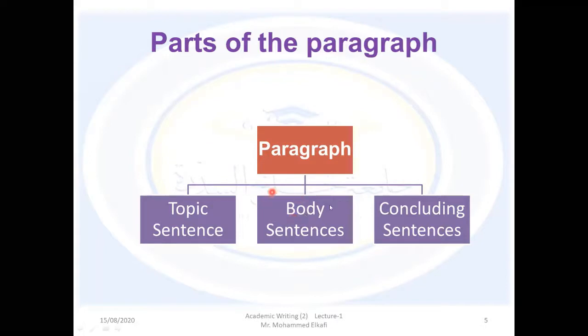The second part of the paragraph is the body sentences. They include some supporting detailed sentences, and we'll talk about them later, inshallah. The last, or third, part of the paragraph is the concluding sentence. It's one sentence, not sentences, okay?